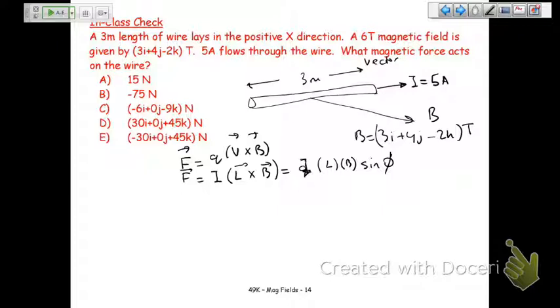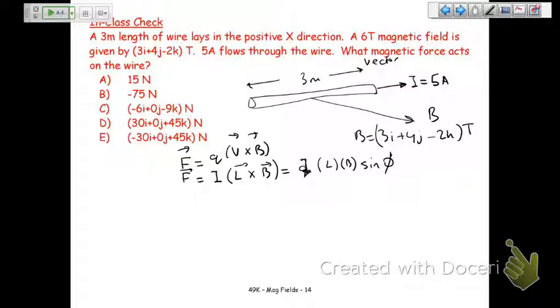You're going to do this one way or the other. If I ask for a vector, you'd know to go to this side and do the vector bit. But in either case, it's a lot easier to do the vector of my length and plug it in rather than try and find the magnitude and the angle between the two for my magnetic field.